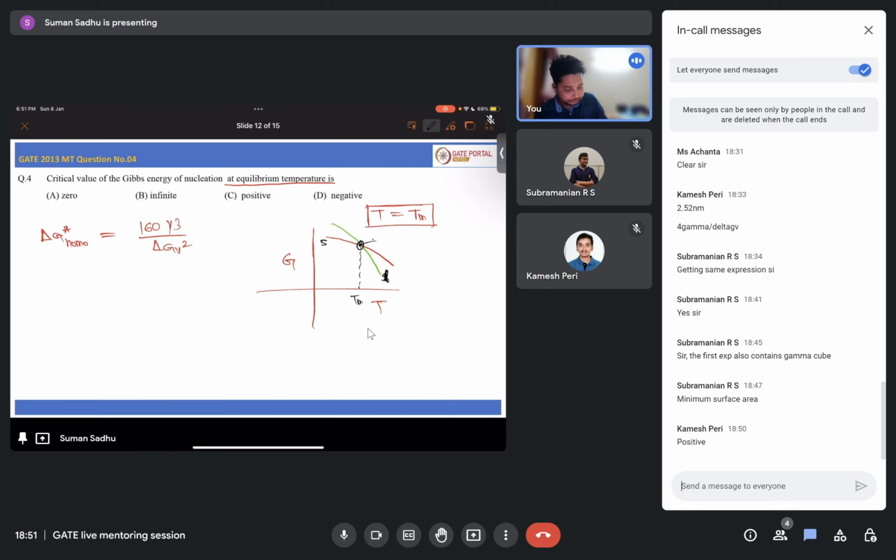At this temperature, what is the value of delta Gv? It is 0, right? Initially, when nucleation was taking place, we were at a temperature where delta Gv is negative. But now we are at this temperature, so delta Gv is 0 here. So what will be the critical value of the Gibbs energy for nucleation then?